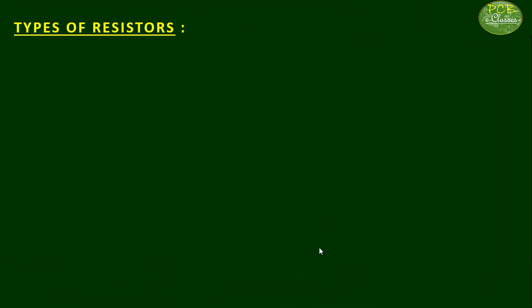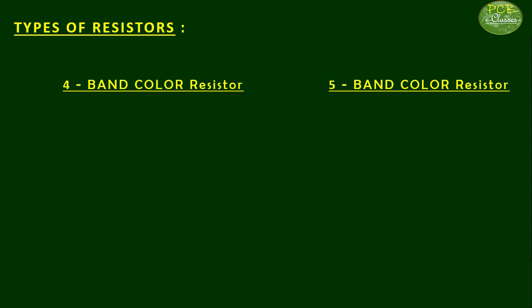Types of resistor. As per the basic electrical subject, we will be discussing two types of resistor. One is the 4-band color code resistor, another is the 5-band color code resistor. We'll see how it is. You can see the figure here.